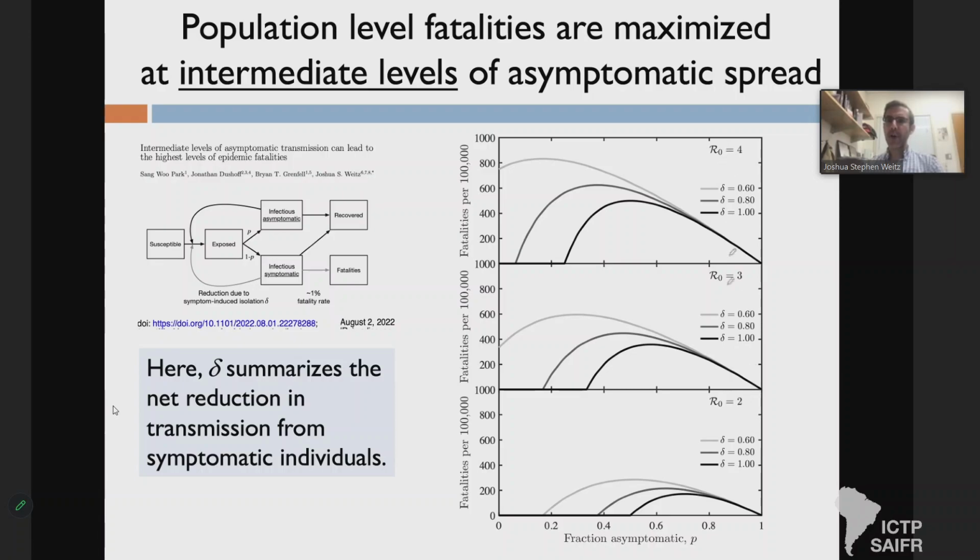No matter what R0 is, when delta is 1, we need a critical level of asymptomatic infections in order for there to be a substantive number of fatalities at the population scale. Why? Because if it's too low, the people who are infected symptomatically don't infect anyone else, and then a very small fraction of the time they might die, 1%, but they don't infect anyone else. So effectively, the population scale looks like a 0.